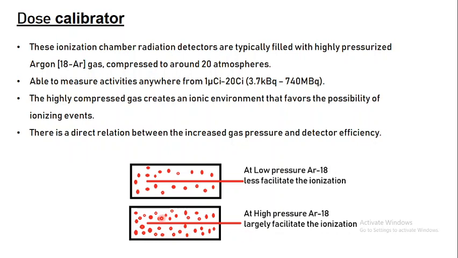As I discussed earlier, where there are fewer argon molecules, there will be less ionization and less current produced. If less current is produced, the detection limit will be very low. If radiation has very low energy and only one or two molecules come across it in the tube, it is less able to ionize. But in the high-pressure tube, more and more molecules will be in the route of the incident low-energy radiation, so more molecules will be ionized and it will be detected.